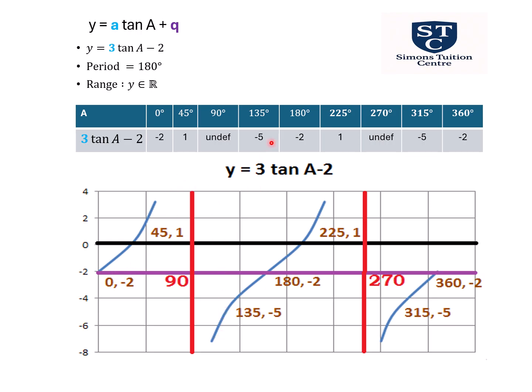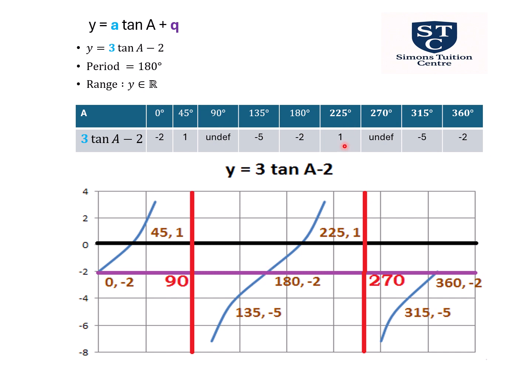If we come to the other side, tan 135 is negative 1. Negative 3 minus 2 gives me negative 5. So I plot my point at 135 and negative 5. Then 180 would give me 0, and 0 minus 2 gives me negative 2. So there we have 180 and negative 2.